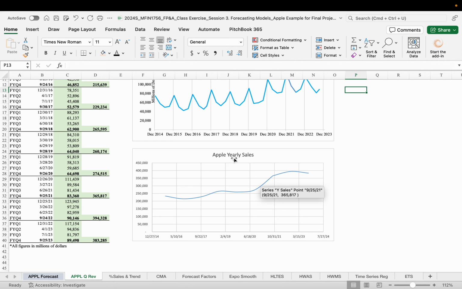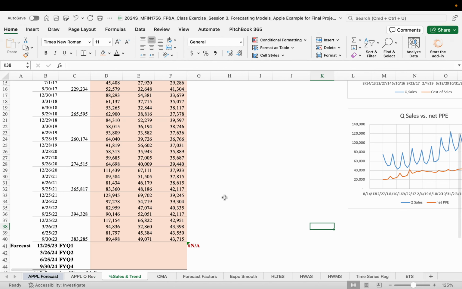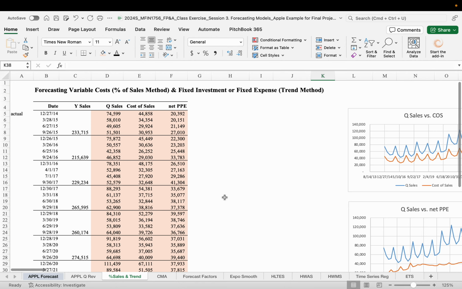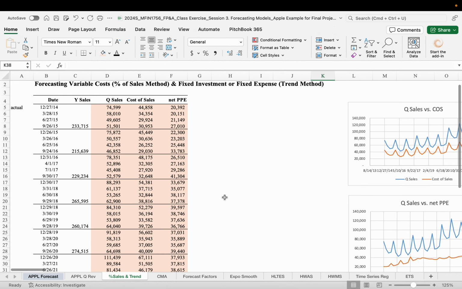And then Apple's yearly sales can show some trend, right? Next, the tab will explore how we can find the relationship between the sales and the income statement items and balance sheet accounts, so that we can use some trend, or we have to use some other functions.